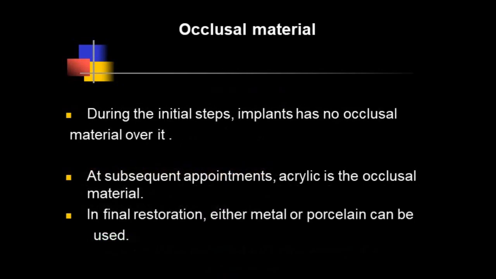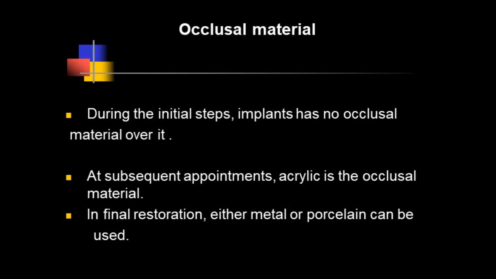Next element is occlusal material. So the occlusal material may be varied in order to load the bone to implant interface gradually. During the initial stages, the implant has no occlusal material over it, and at subsequent appointments, acrylic can be used as an occlusal material which has the benefit of lower impact force than metal or porcelain.